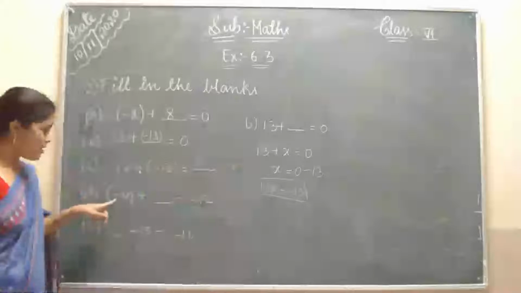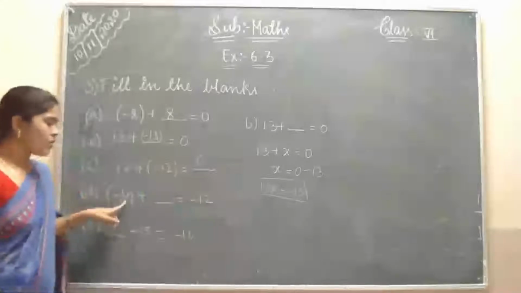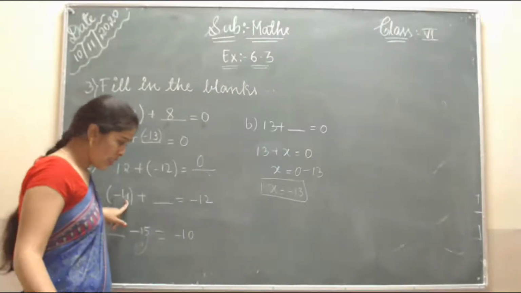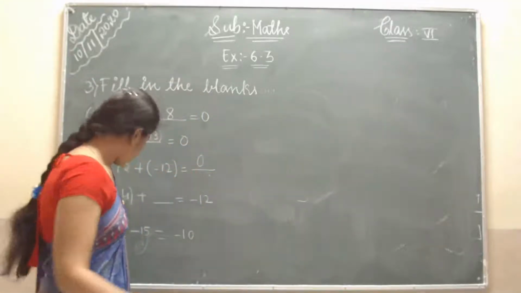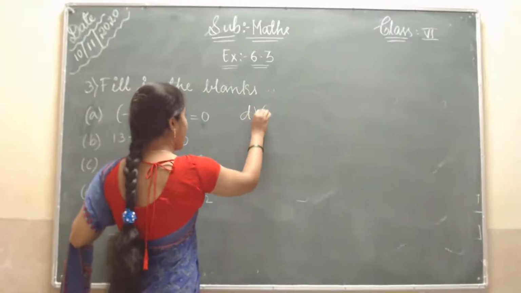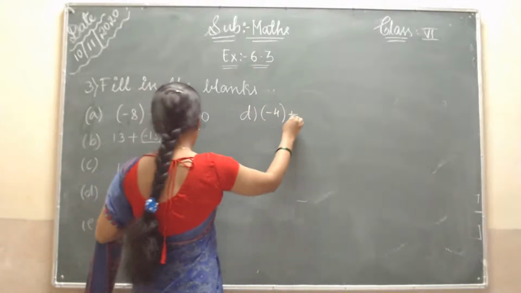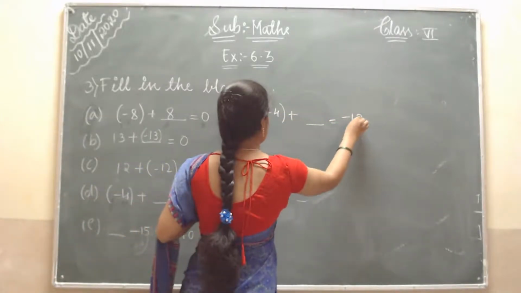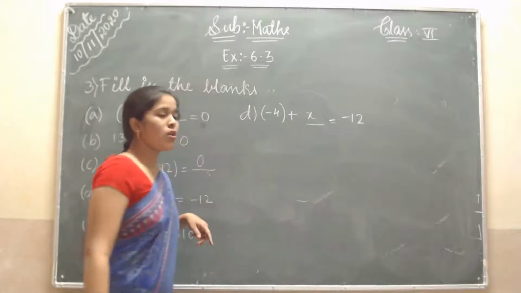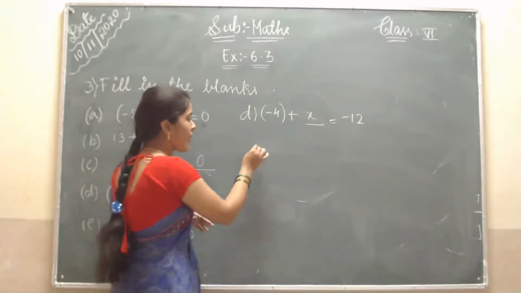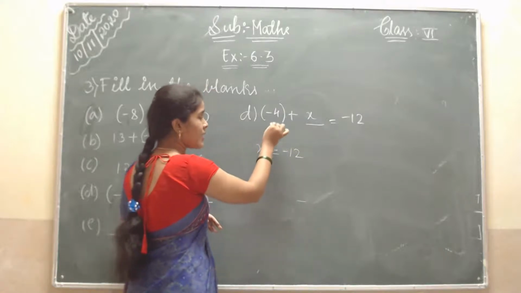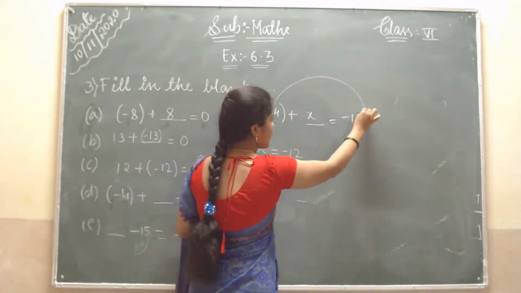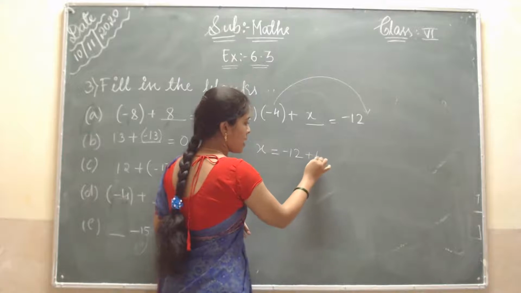Next, the D part. See here, minus 4 plus dash is equals to minus 12. We don't know the value of x here, so keep x as it is, and minus 12 also as it is. Take this minus 4 to the RHS side, it becomes plus 4.